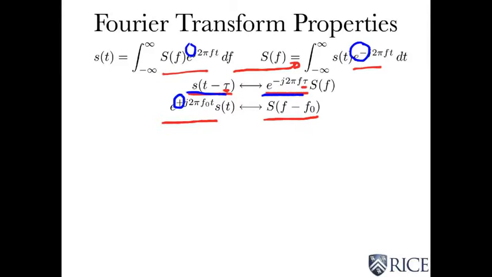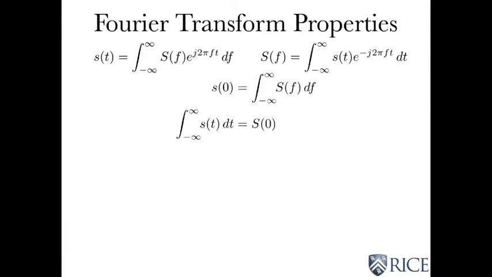Okay. So this is where you can really use these symmetry properties to your advantage, the fact that these look so similar. If you can derive one property in one domain, you can use it to see what happens in the reverse sense. Let's explore another property here, and this one is really easy. The value of the signal at the origin in the time domain has to be the integral of the spectrum over all frequency.